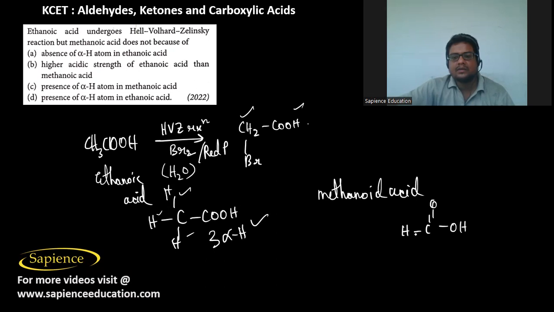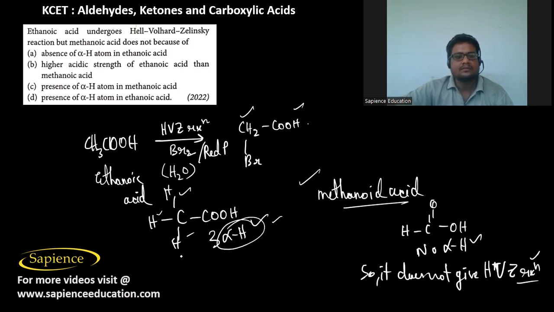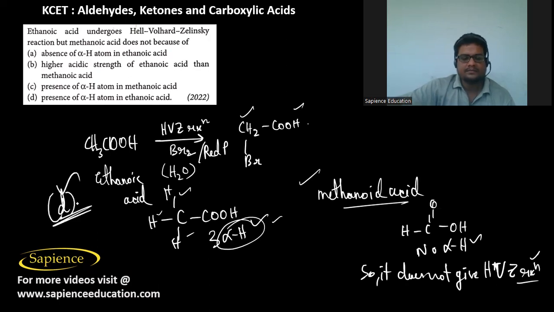So here we are not having any alpha hydrogens, so it will not give Hell-Vollard-Zelinsky reaction. So it means that HVZ reaction will be given only if it has got alpha hydrogens. So the reason is the presence of alpha hydrogen in ethanoic acid. So option D is the correct answer.